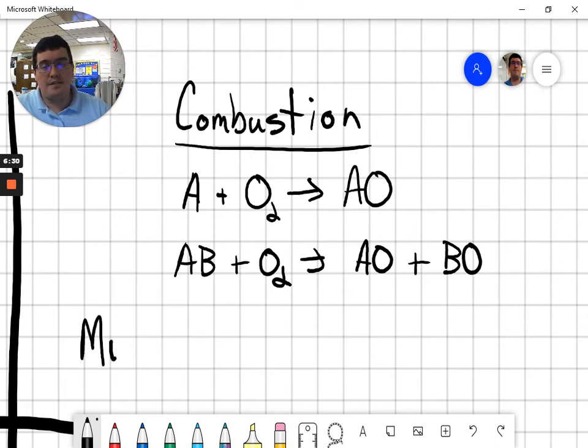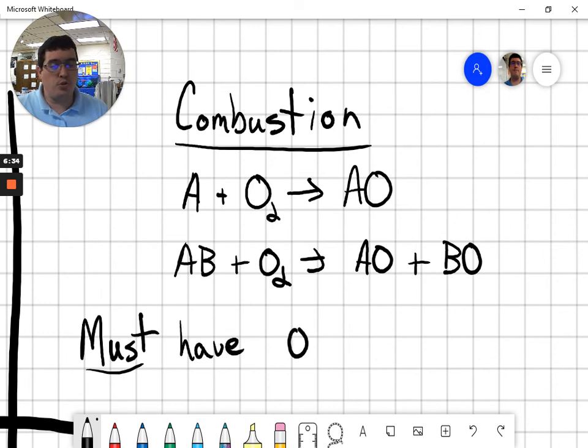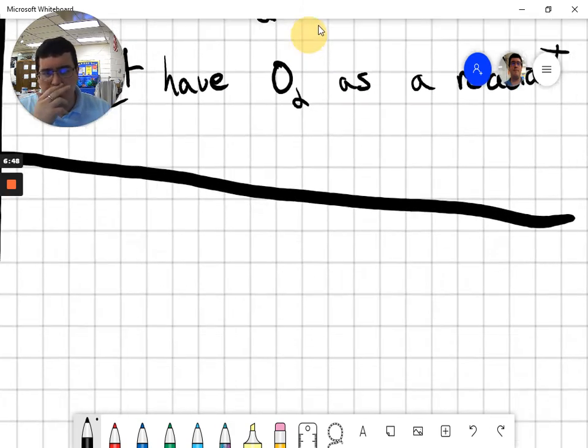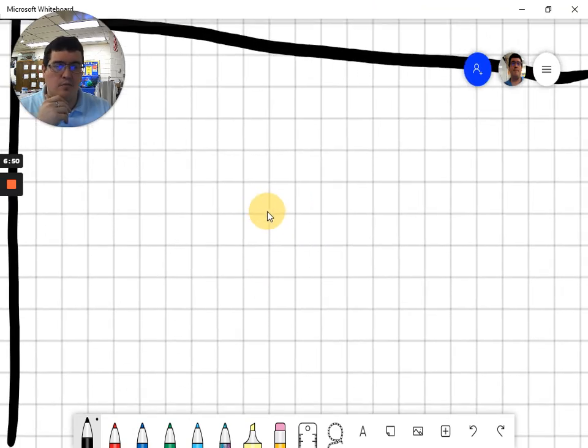Combustion must have O2 as a reactant. And notice it's O2 all by itself. That can't be an O2 as part of a compound. It's not the way it works. All right? We're going to show a couple of these here probably in the next video, unfortunately.